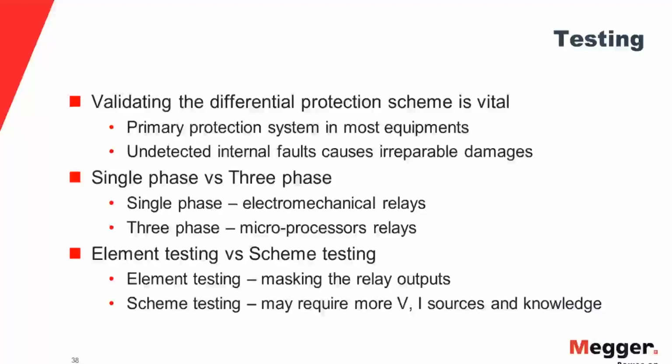So taking that topic beyond single phase and three phase, the chain of thought will be, do I test only the differential element, or do I actually test the whole scheme? Especially when you're testing a bus differential scheme, you need to provide all the CT inputs into the relay at the same time for it to see a fault either on A phase or B phase or C phase. So that becomes challenging when you start testing the differential function.